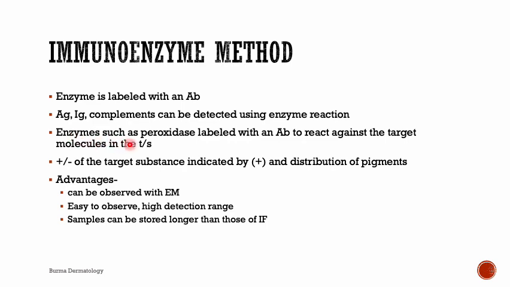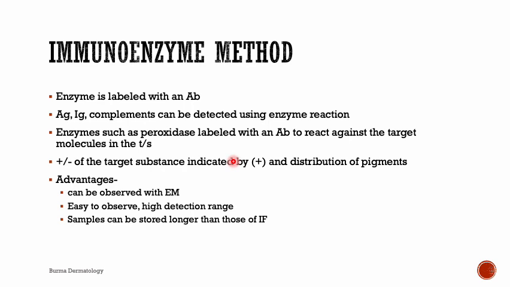The enzyme used is peroxidase, which is labeled with the antibody to react against the target molecules in the tissues, in the same way as in immunofluorescence techniques. The presence or absence of the target substance is indicated by the presence and distribution of pigments, and it has advantages over immunofluorescence.